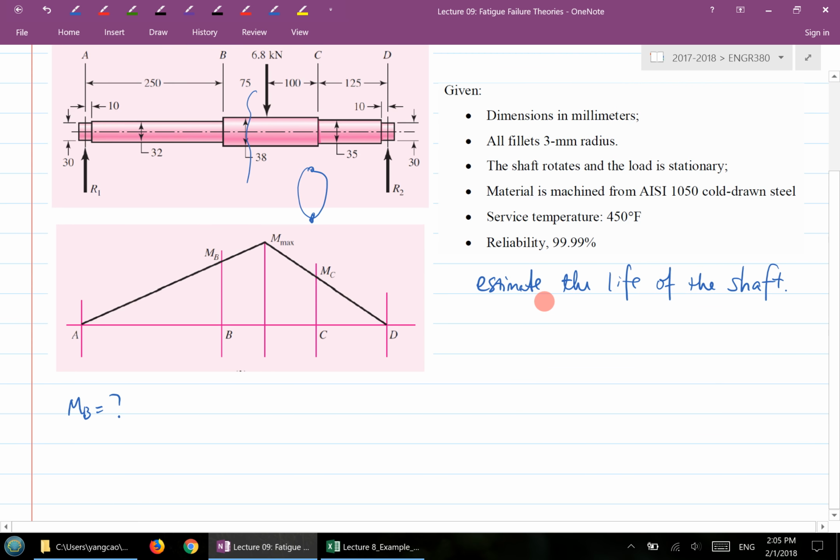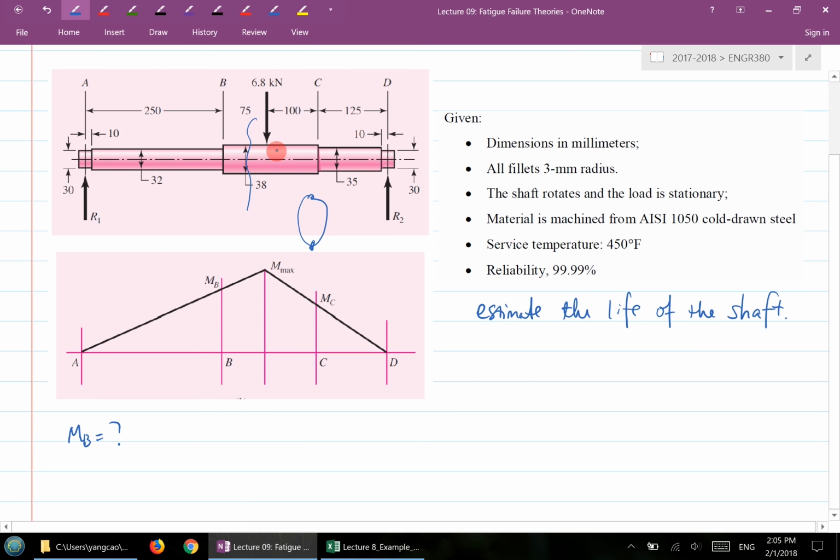In the tutorial and in your assignments, you have probably practiced quite a bit now. To find the bending moment at the B location is actually quite easy. You can just use the R1 value times the distance from here to B, which is 250.